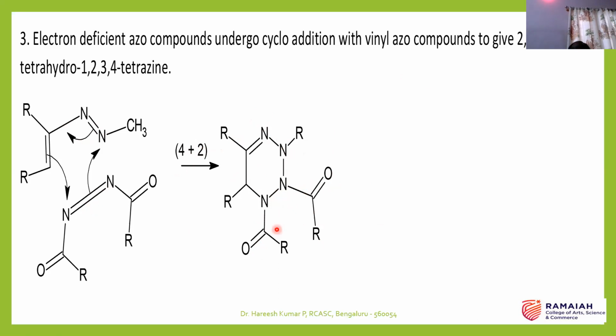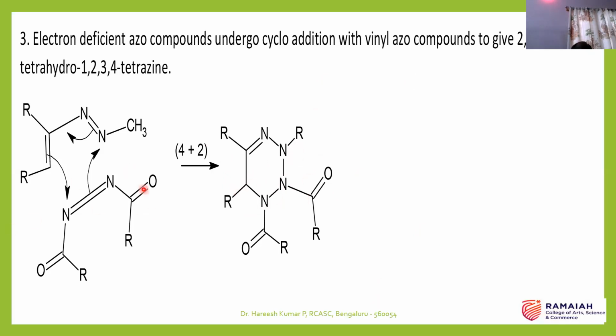Okay, right. So why am I mentioning this? Because of 2,3,4,5-tetrahydro. This is the 2 position. This is the 3. This is 4. This is 5 tetrahydro. There is no double bond here. That is the reason. Then this is one more method of preparation of tetrazine.